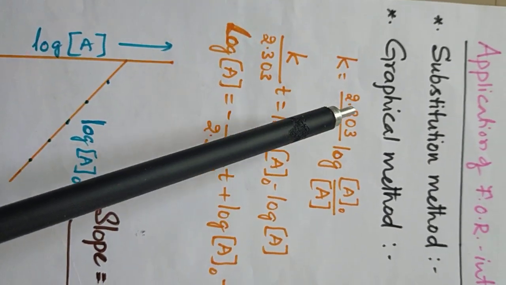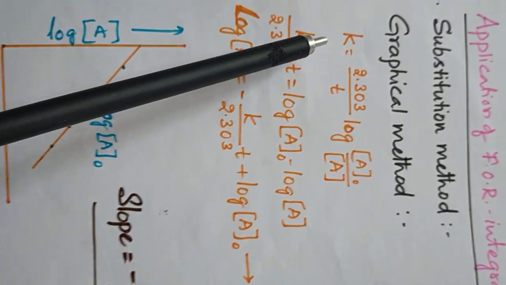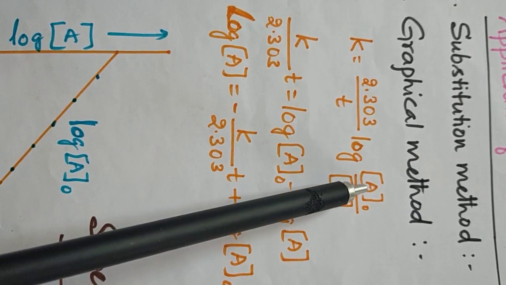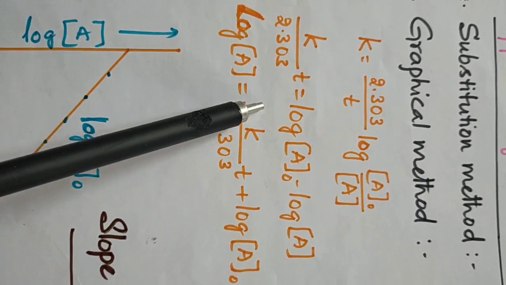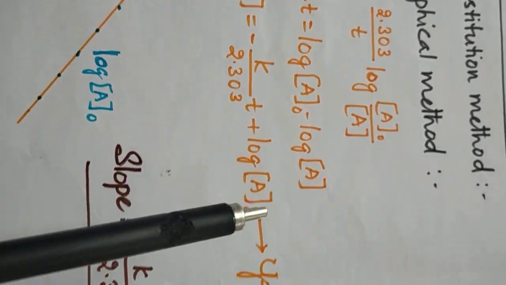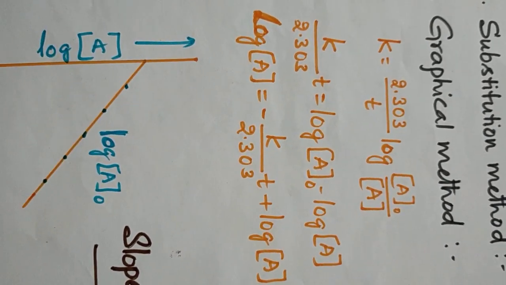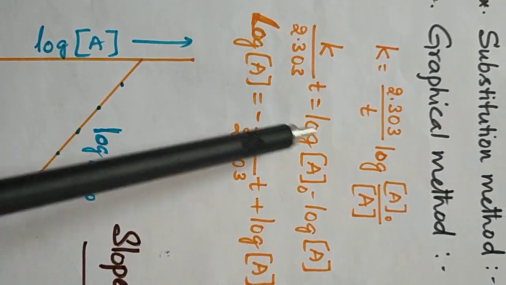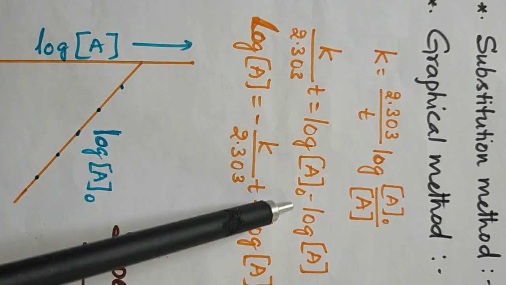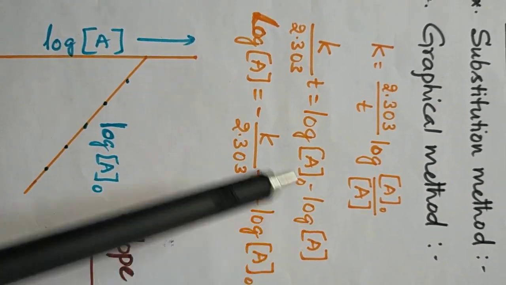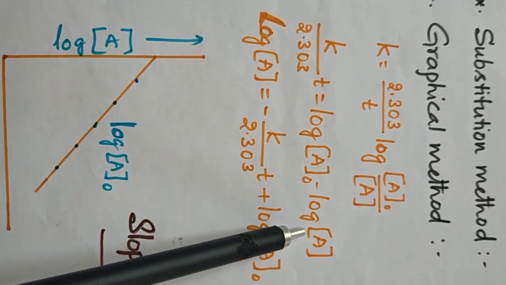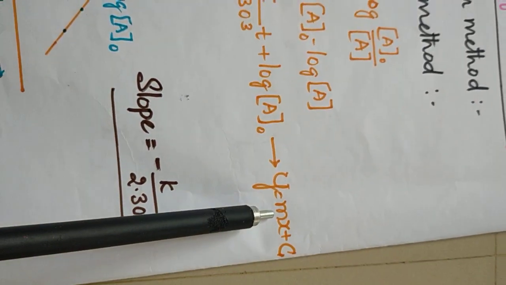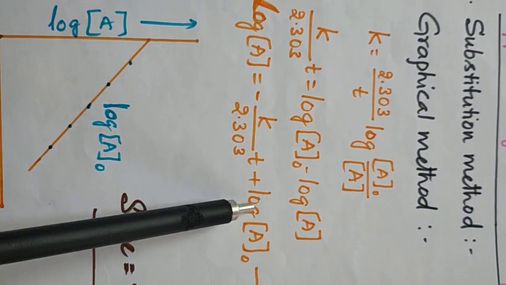Then there is the graphical method. Take K is equal to 2.303 divided by t into log of A naught by A, and convert it into the equation y is equal to mx plus c.